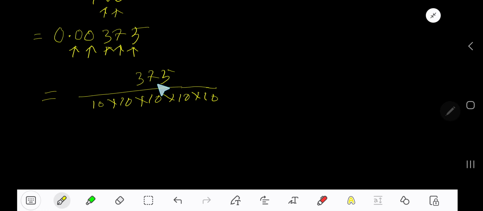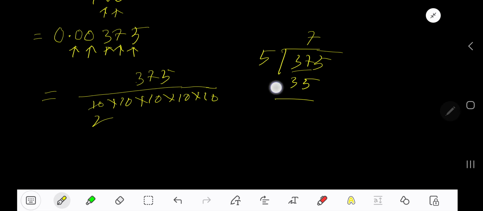This is divisible by 5, this is divisible by 5. If you divide this 375 by 5, what will you get? 5 goes into 37 how many times? 7 times. 7 times 5 is 35. Subtract, 2, bring down this 5. 5 goes into 25 five times, so 75.